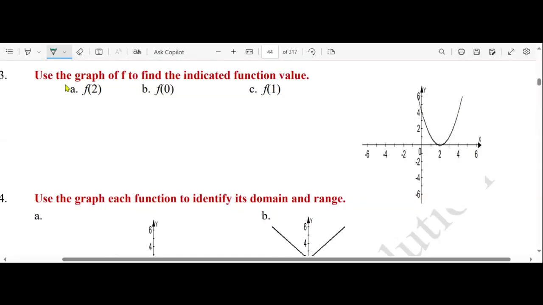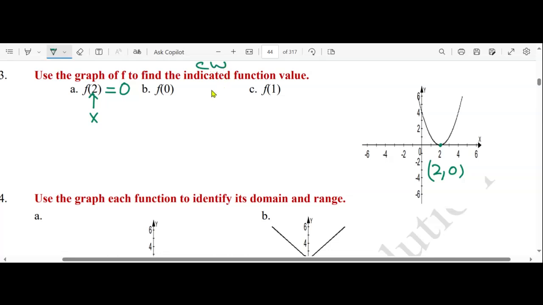Clear or not clear? Now, use the graph of f to find the indicated function value. F of 2, how much is x here? 2. Where is x here? 2. So this point is what? 2 and 0. So how much is y? 0. Okay? Can you do this for classwork?